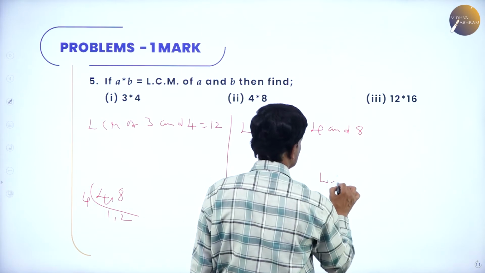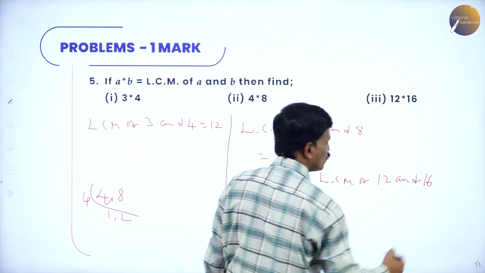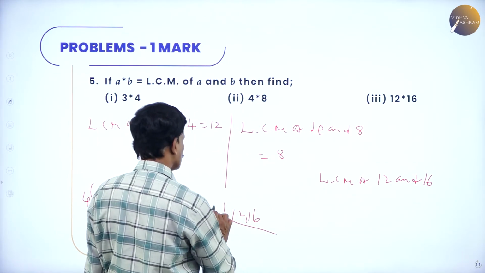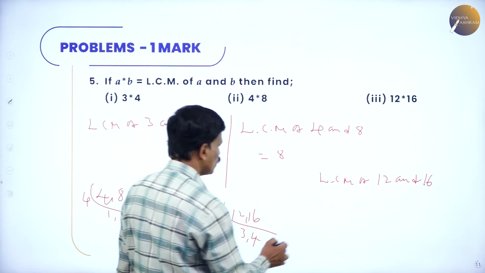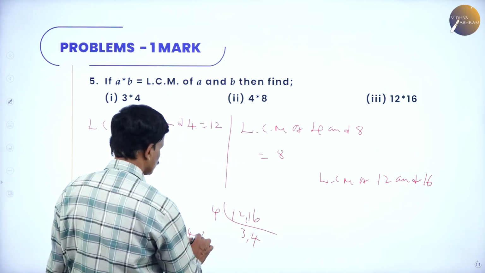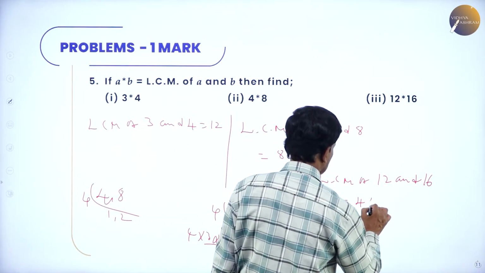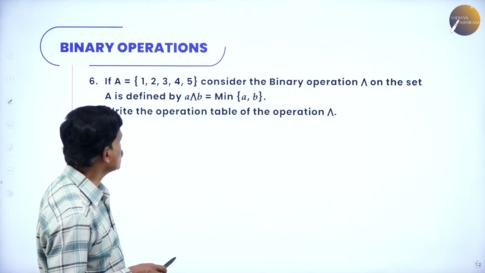Similarly, the LCM of 12 and 16: 4 3s are 12, 4 4s are 16, so that is 4 into 3 into 4, which is 48. That's it. Now let us come to the next problem.